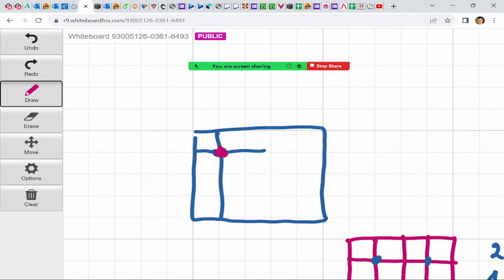The bugs are all at different vertices, and at each step they're allowed to move slowly in one direction at the same speed, and they get to another vertex, and when they get there, they have to change directions, either perpendicular, down, or up. So here they can't go up, so it has to go down. And the question is, what's the least amount of bugs you can put on the grid so that they're guaranteed to collide at some point?